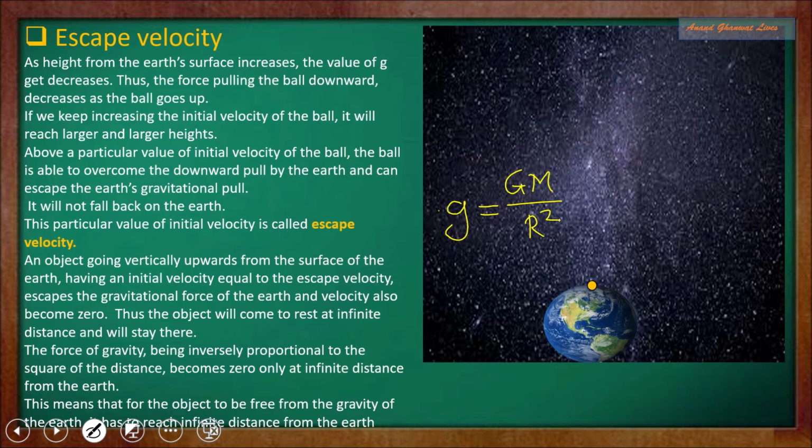So gravitational acceleration g is inversely proportional to the square of the distance. Now if our distance is infinite, then the value of g becomes 0. So the value of g becomes 0 at infinite distance from the earth. For the object to be free from the gravity of the earth, it has to reach infinite distance from the earth.